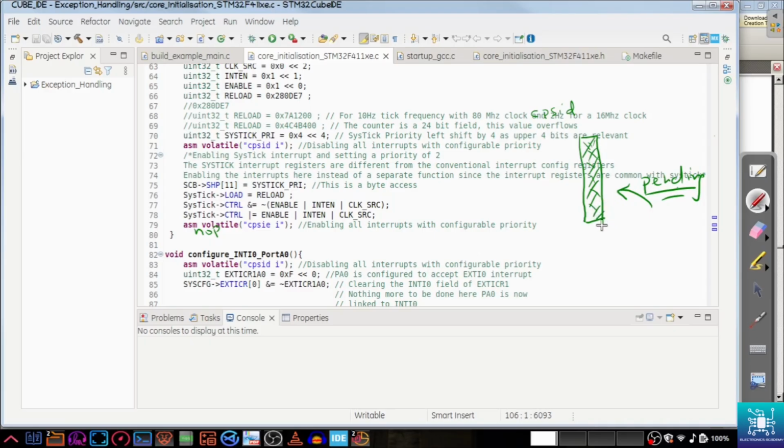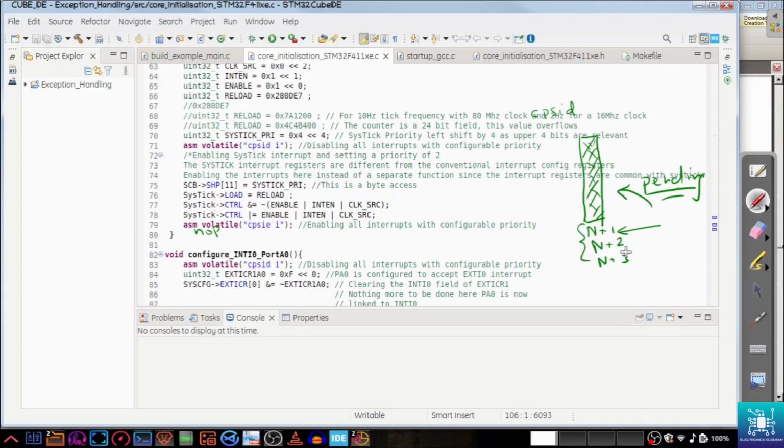Now, in this particular scenario, when the CPSIE instruction is executed, the interrupt that is in the pending state may or may not execute immediately after. So there will be an instruction, say first instruction, second instruction, third instruction. So the interrupt might execute here. These are instructions in the pipeline.